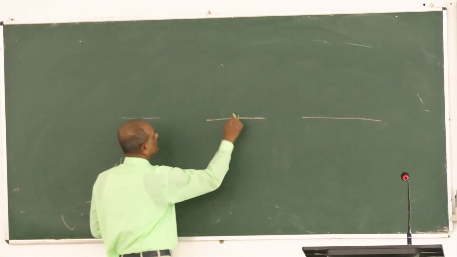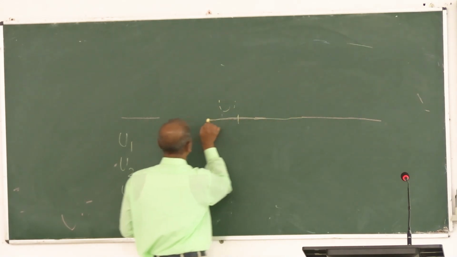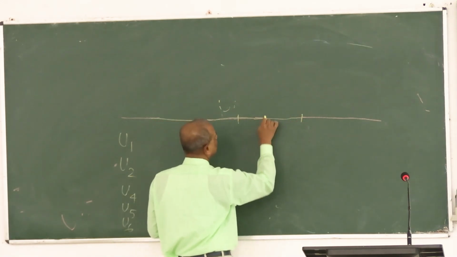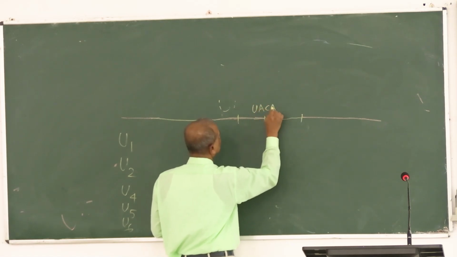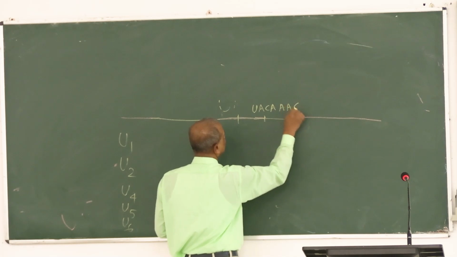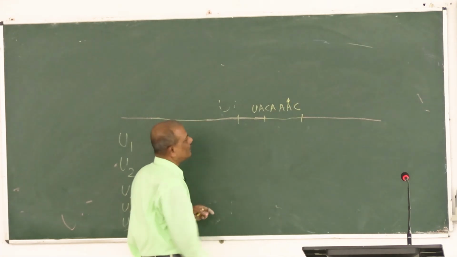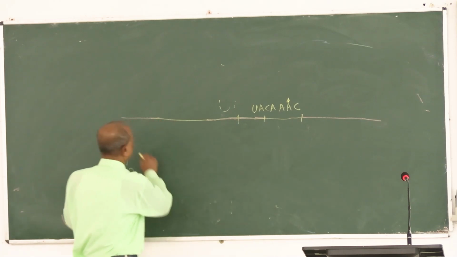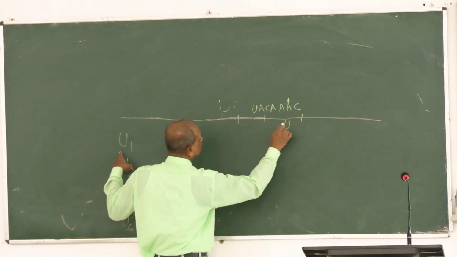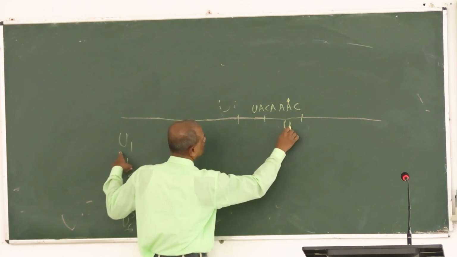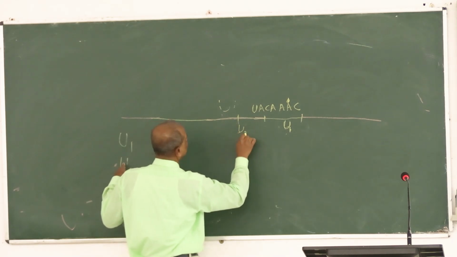See that sequence UACAAC, about 20 to 30 base pairs ahead, this adenine. U1 binds to this part, and U2 binds here.